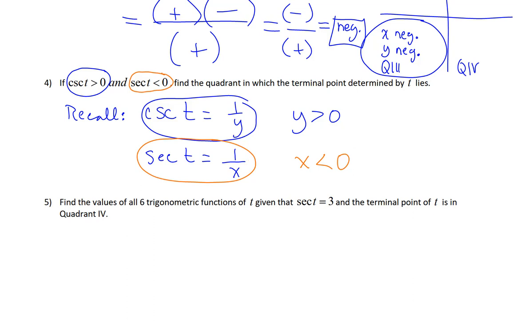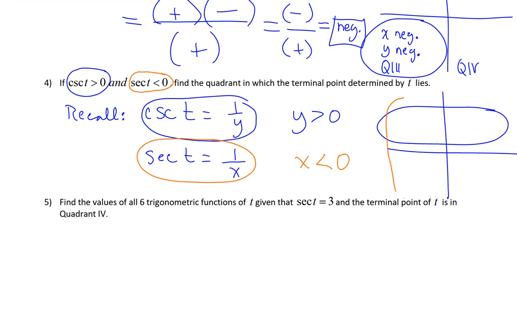Now, we can put those two things together to determine the quadrant here. So let's draw another basic, empty quadrant. If y is positive, then we're talking about something in the upper half. But if x is negative, we're talking about something in the left half. And so where are both of those true?